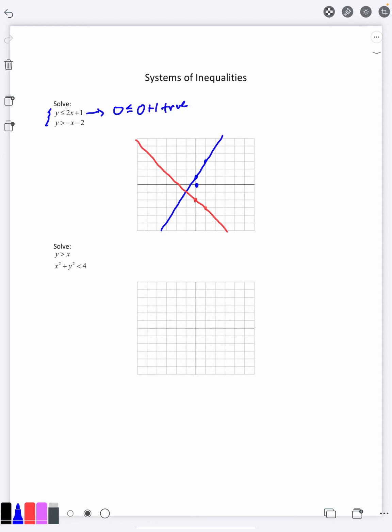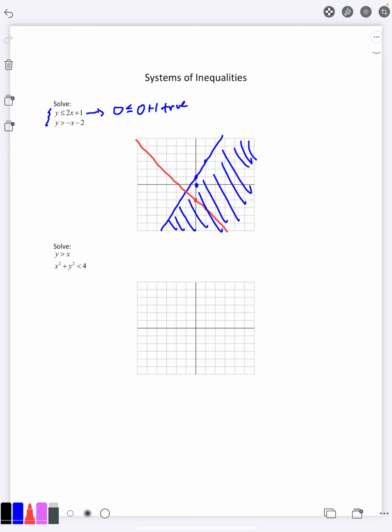And so that is true. If you ever get a true statement, that means the side that has that point is the side you want to shade in. So that right there would be the solution for the first line. It's not the overall answer to the problem.